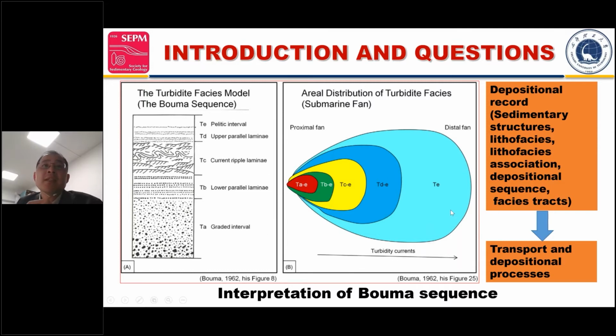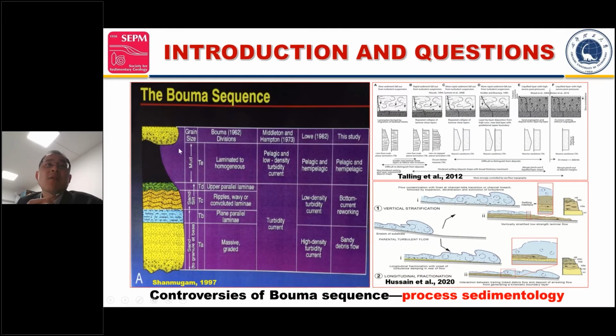However, this is not an easy task, as we can see. The controversy of the Bouma sequence has never stopped. Bouma interpreted the overall sequence as the deposition of a turbidite current, and Middleton and Hampton in 1973 interpreted the sand deposit as turbidite current and the mud deposit as pelagic or hemipelagic deposit. In 1982, Lowe interpreted the TA division as a high density turbidite current and TB to TD as a low density turbidite current, and the mudstone as pelagic or hemipelagic deposit.